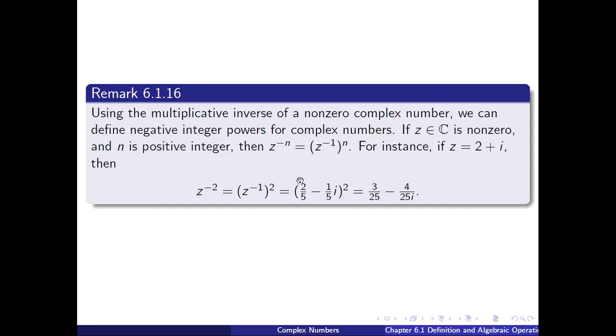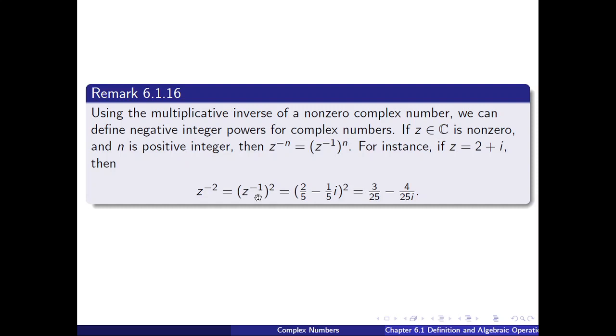So if we are given z equal to 2 plus i, then we know that z to the minus 2 is going to be equal to z to the minus 1, squared.